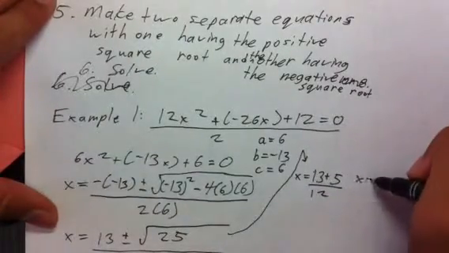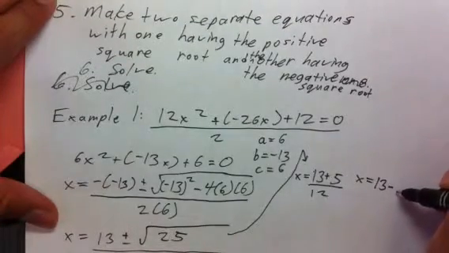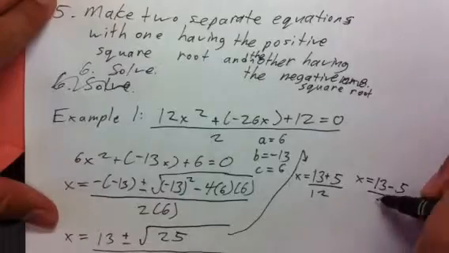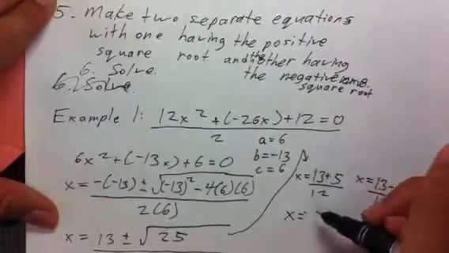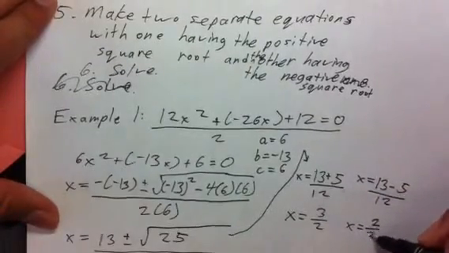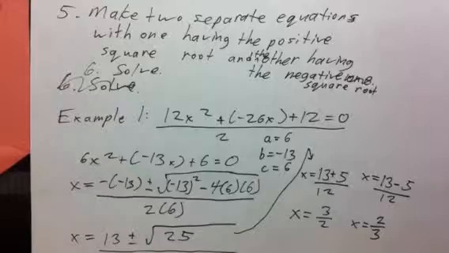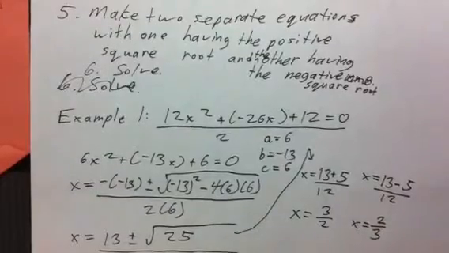And one having x equals 13 minus the negative square root 5 divided by 12. So we have the answers of x equals 3 halves and x equals 2 thirds. That's how you solve a quadratic equation with the quadratic formula.